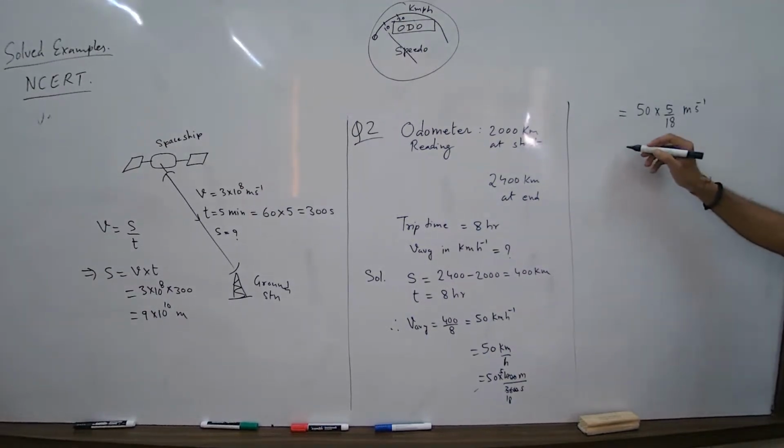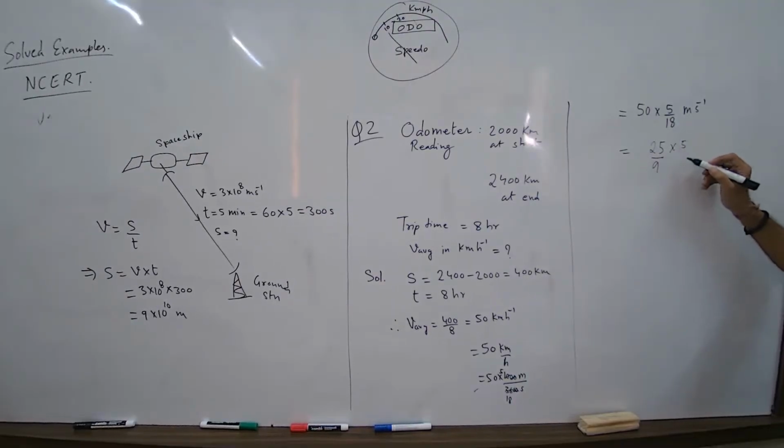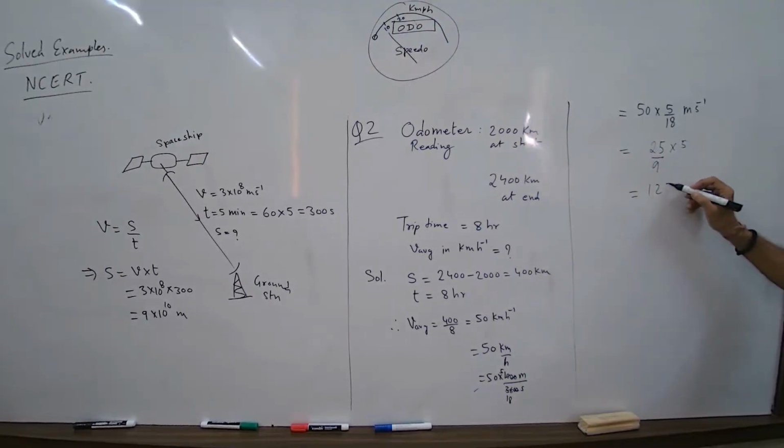So kilometer per hour will be converted into meter per second. Right? So what is it now? Now solve it. 25 on 9. 125 by 9 meter per second.